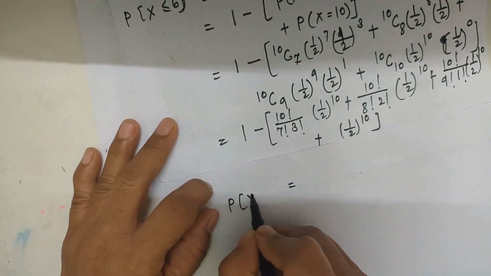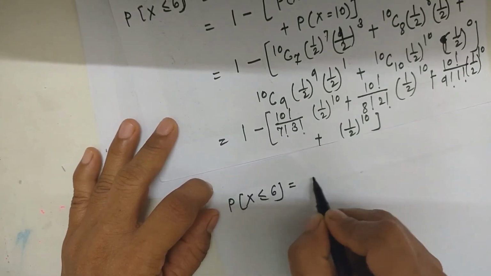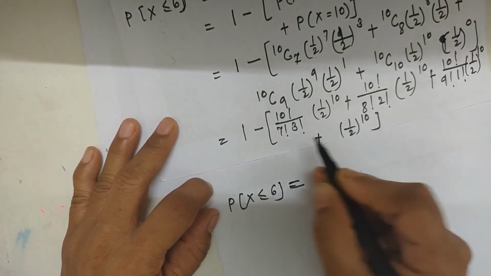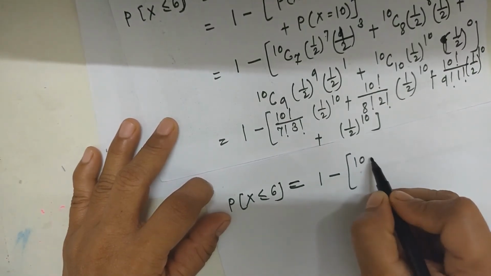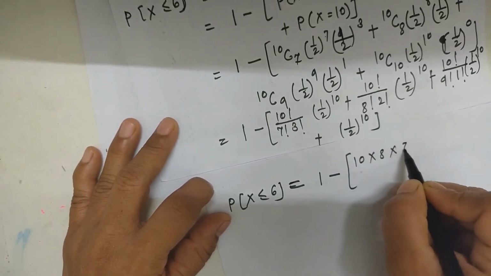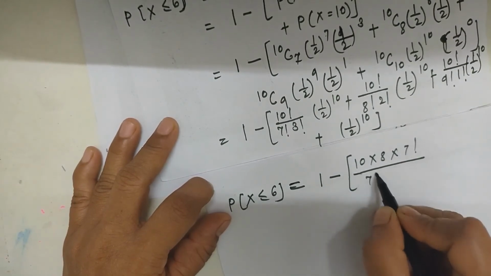1 minus the probability for x less than or equal to 6 is equal to 1 minus 10 factorial, which can be written as 10 into 9 into 8 into 7 factorial in terms of 7 factorial.